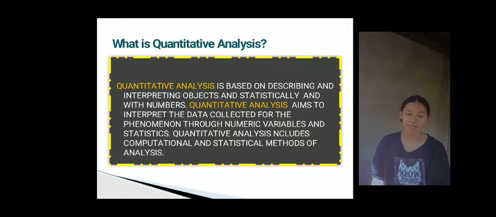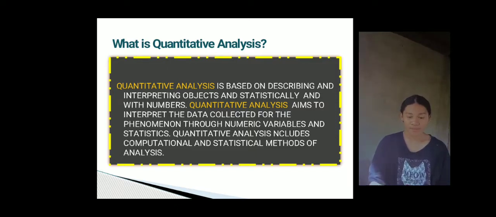Quantitative analysis is based on describing and interpreting objects statistically and with numbers. Quantitative analysis aims to interpret the data collected for the phenomenon through numeric variables and statistics. Quantitative analysis includes computational and statistical methods of analysis.